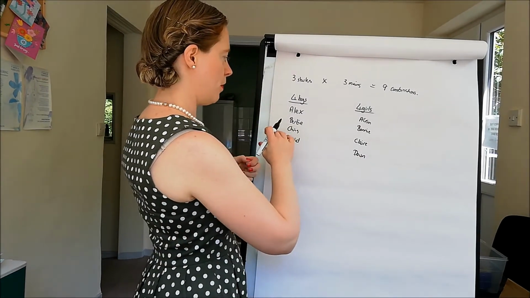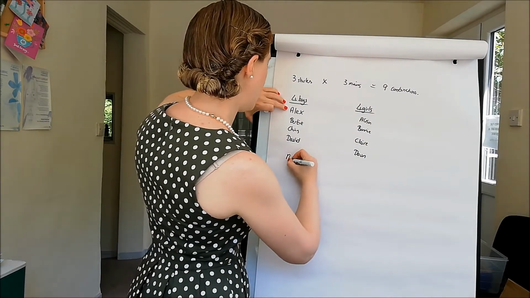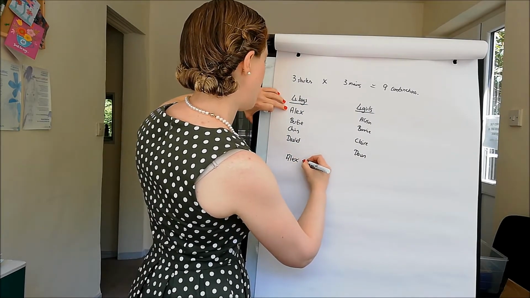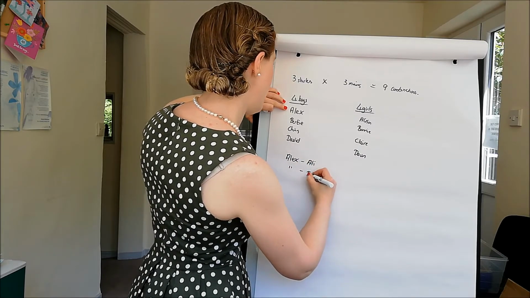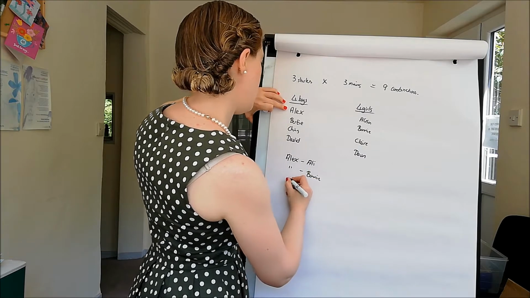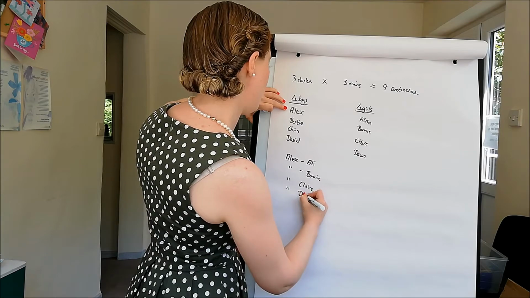Now, if we were to partner up the boys and the girls, then Alex could be put with either Alison, he could be put with Bonnie, he could be put with Claire, or he could be put with Dawn.